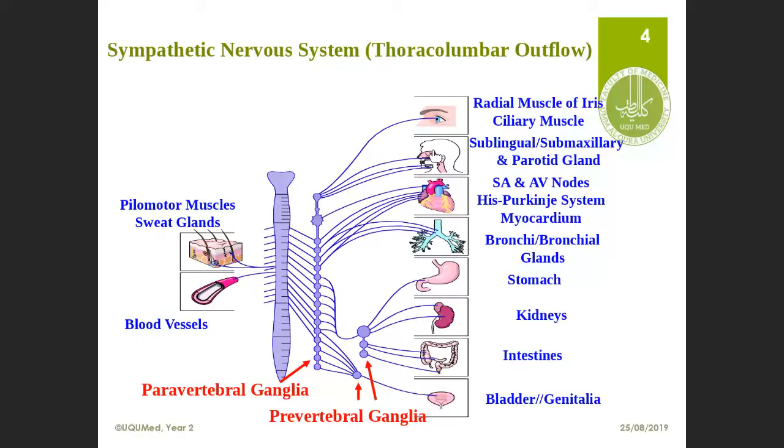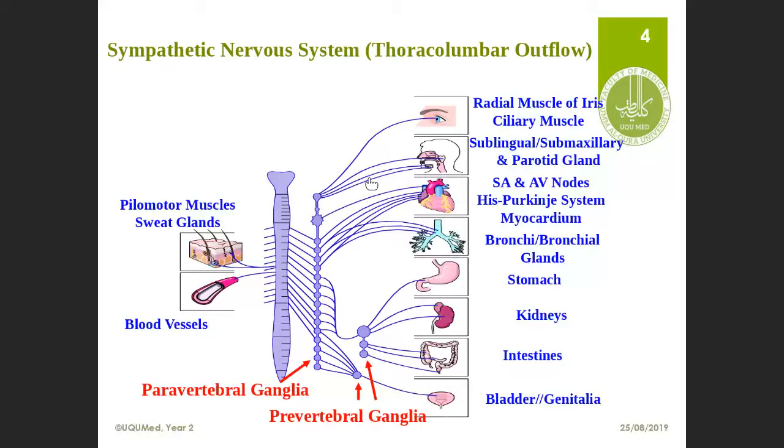So first of all, this is from the previous session. If you see, the sympathetic nervous system has the thoracolumbar outflow. What it means is that most of the preganglionic and postganglionic fibers coming from the spinal cord and the central nervous system have a T1 to L2 distribution in the sympathetic nervous system.